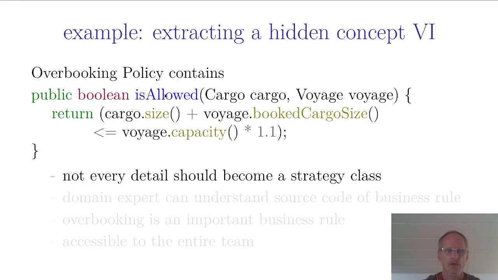Within the overbooking policy class, we would then find a Boolean is allowed that takes a cargo and a voyage, and that does exactly what we did before, but now this is within a class overbooking policy, within the function is allowed.